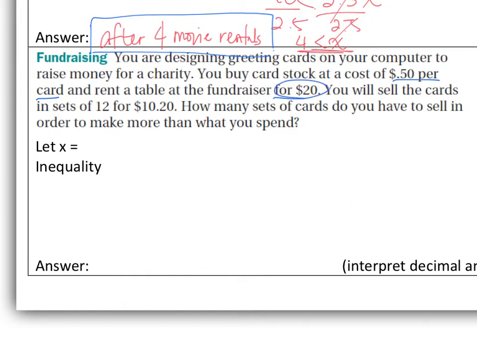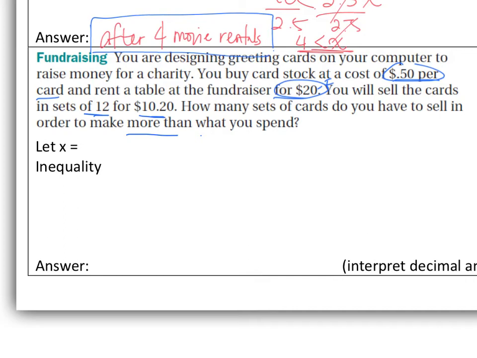So this is a fixed cost. This is a cost that will change depending on how many cards you purchase. You will sell the cards in sets of 12 for $10.20. How many sets of cards do you have to sell in order to make more than what you spend?